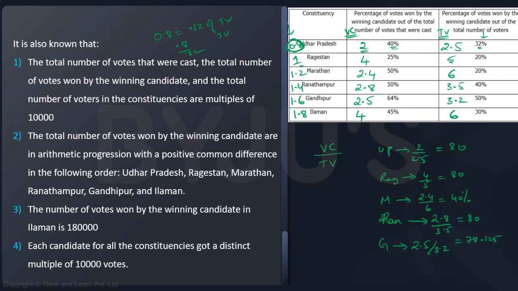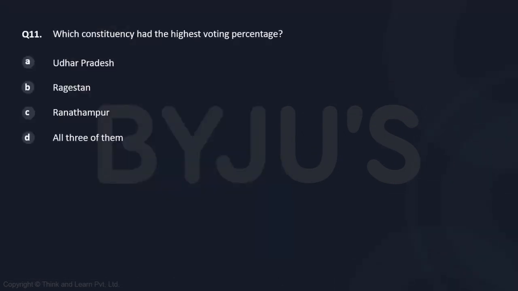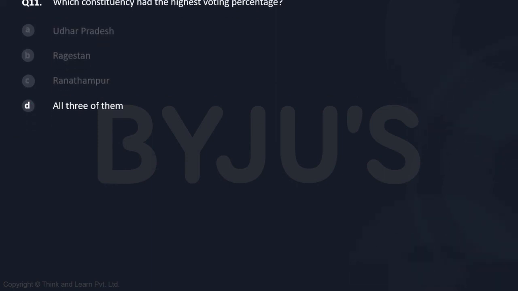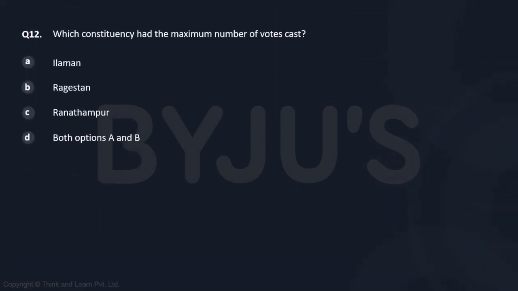And the last one is 4 by 6, which is 2 by 3, which is 66.66. So the highest is 80, and three of them have it: UP, Rajasthan and Ranthambore. All 3 is the correct answer. This is actually an easy question, should have been attempted in the mock by everyone.